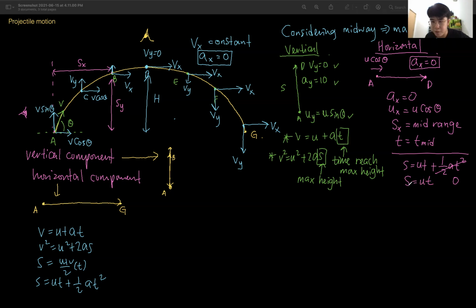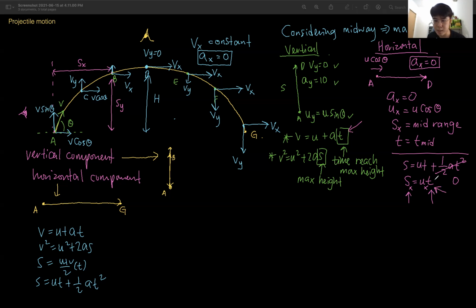This is all horizontal, right? So s is sx, and u is ux. Now, if I know the time, then I can find sx. Where do we get the time? From the vertical. The time you calculated in the vertical is the same time, because when it goes from A to D, there is only one time. If it takes 4 seconds to get there, it is 4 seconds, whether you look from above or from the left. So the time is the same, regardless of vertical or horizontal. The time taken to move from this point to this point is the same. There's only one time.